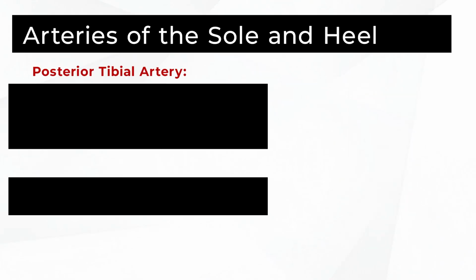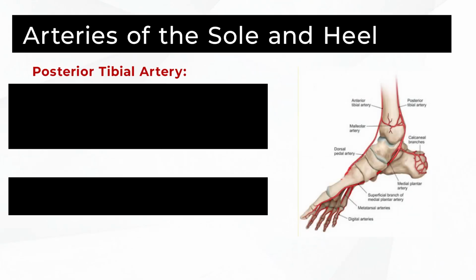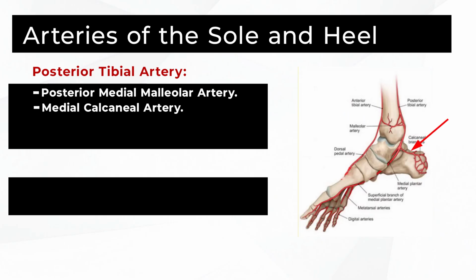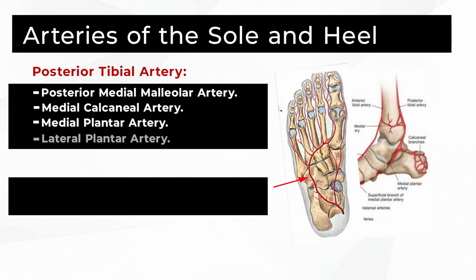The posterior tibial artery passes behind the medial malleolus deep to the flexor retinaculum. It gives the posterior medial malleolar artery and then the medial calcaneal artery. It then enters the sole of the foot and gives the medial plantar artery and the lateral plantar artery, which will curve medially to form the deep plantar arch.